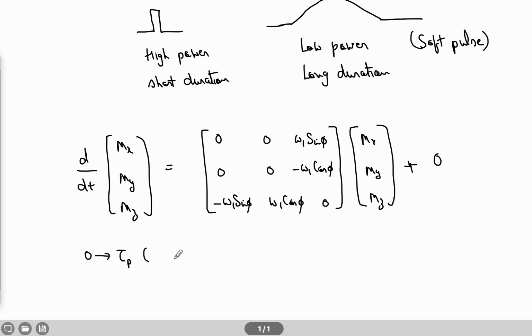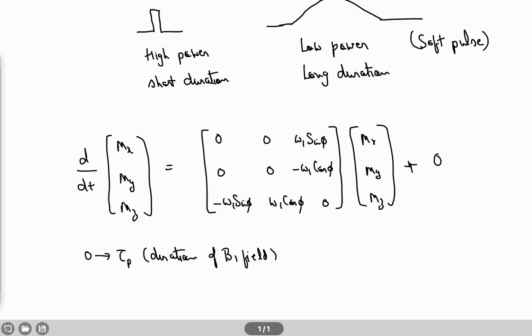So the typical solution of these equations after integrating between the limits 0 to tau p, where tau p is the duration of the B1 field which is applied, can be interpreted as an overall rotation of magnetization about the B1 field.